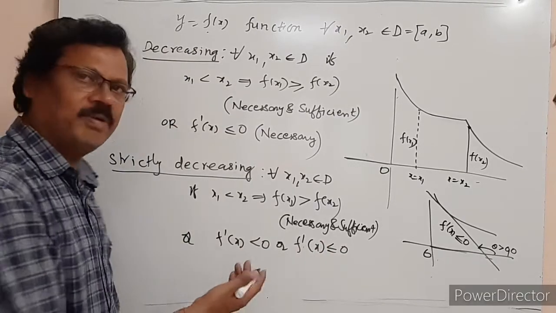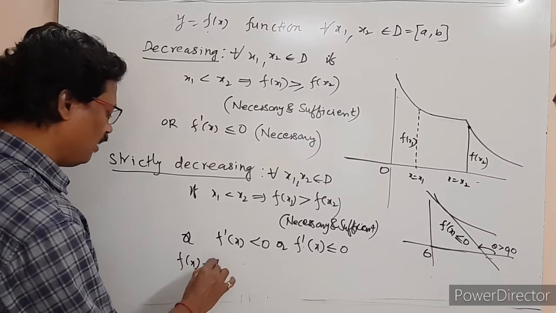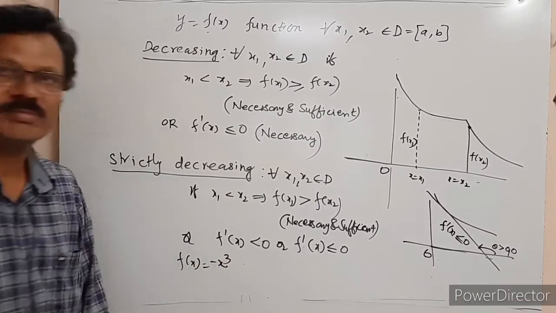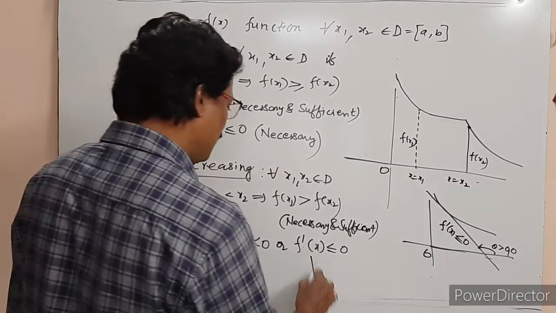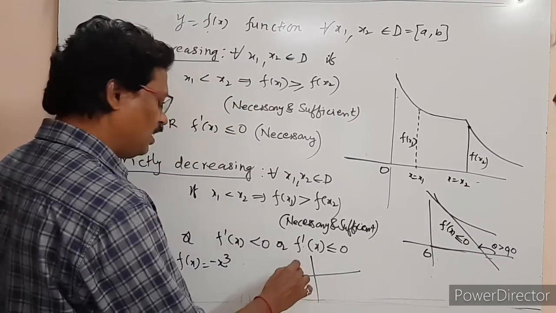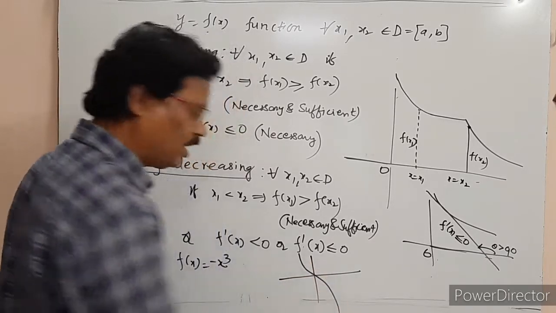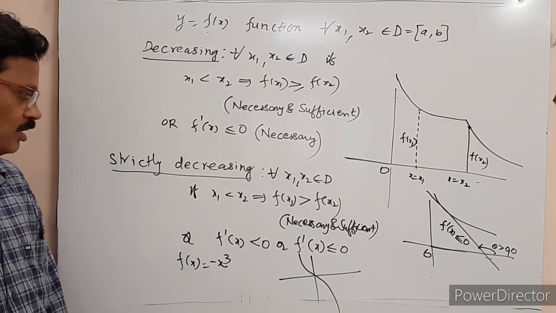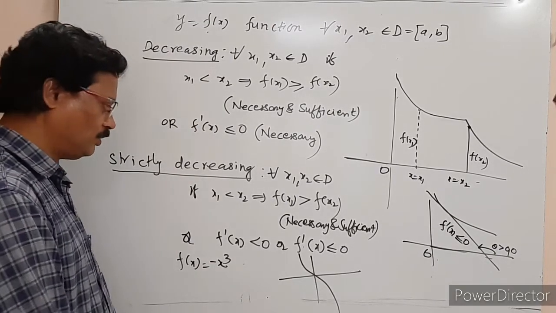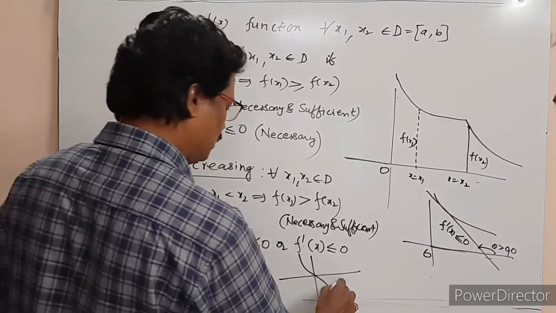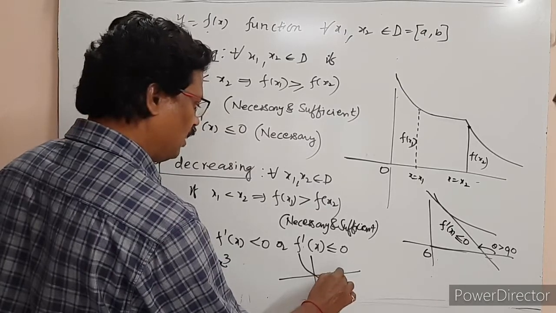For example, we can consider the same example. Now I am taking f of x is equal to minus x cube. What will be the graph of minus x cube? That graph will be like this. y is equal to minus x cube.